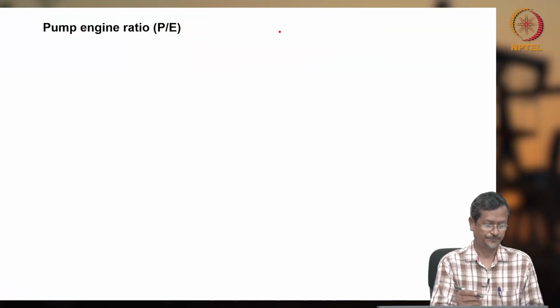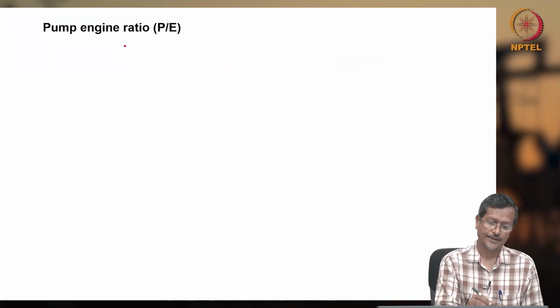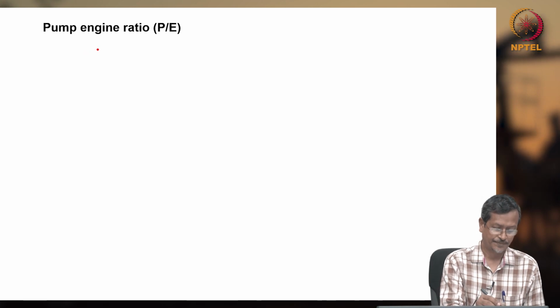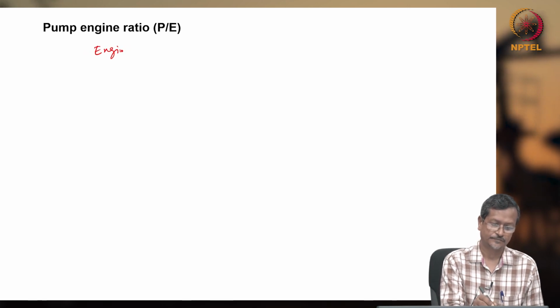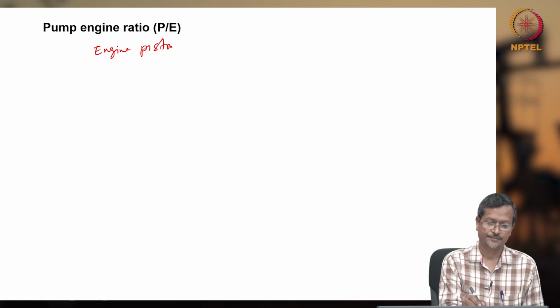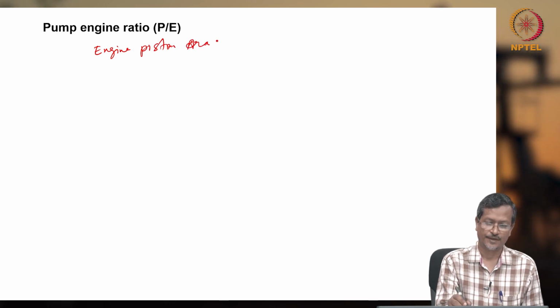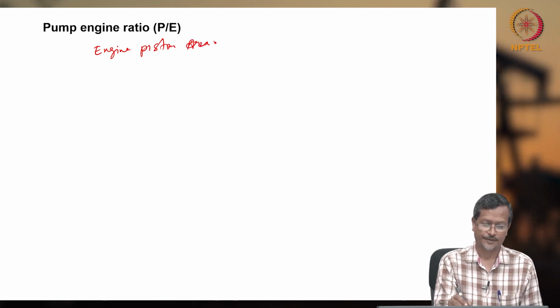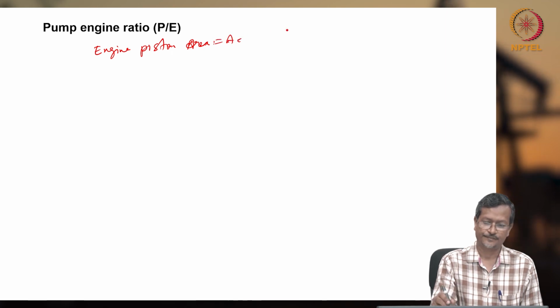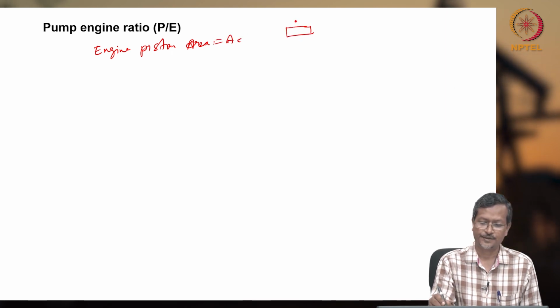Pump engine ratio. So let's say engine piston area equals AE. Okay, piston area AE.